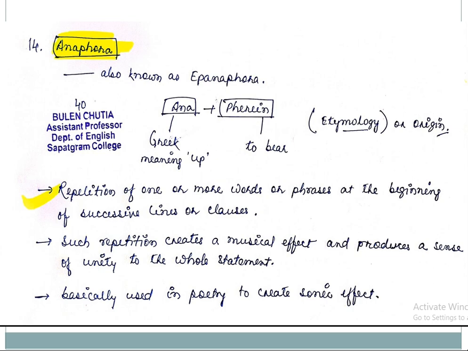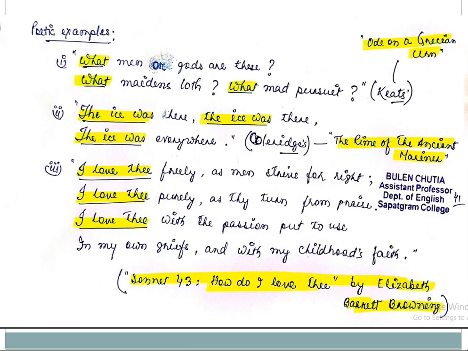Now coming to the examples. Poetic examples I'm taking. Number one: "What men or gods are these? What maidens loth? What mad pursuit?" Now see, in each and every sentence, the first word is "what."